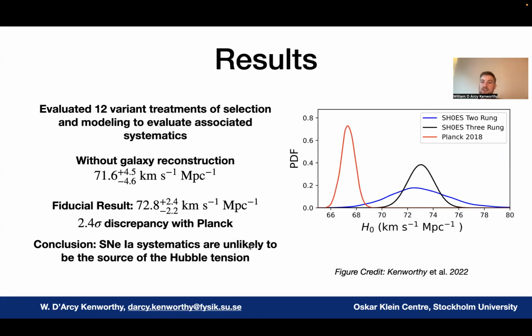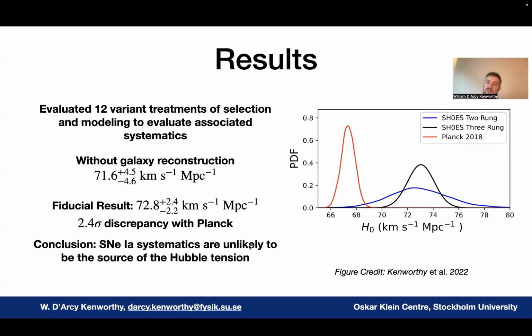So in our final result, we evaluated 12 different treatments of selection, as well as different modeling choices to evaluate the associated systematics. We found that without using galaxy reconstructions, we could constrain the Hubble constant to 71.6 plus or minus 4.5.